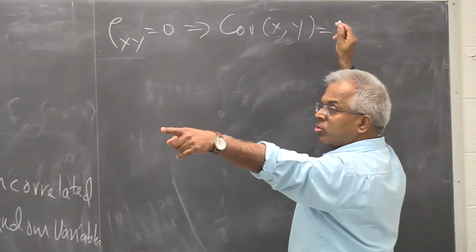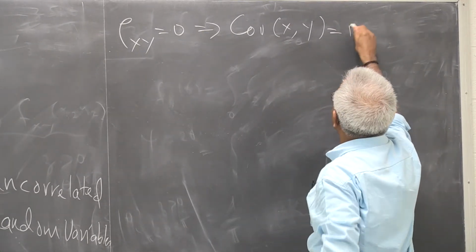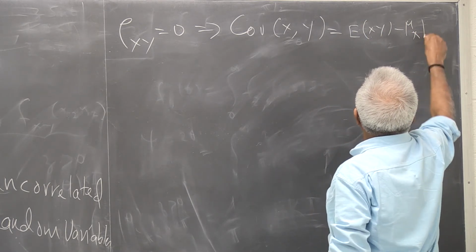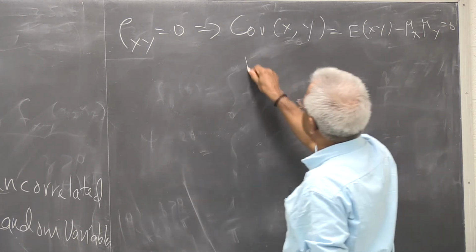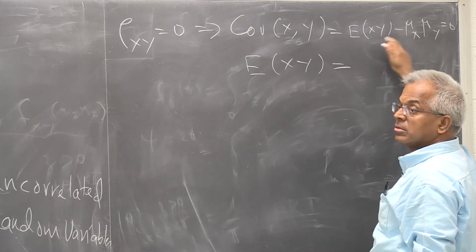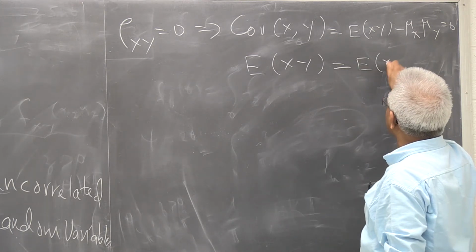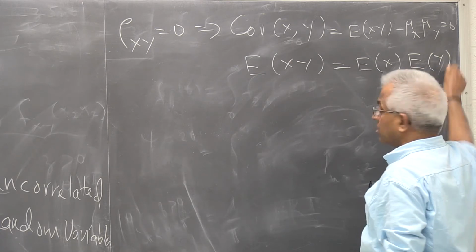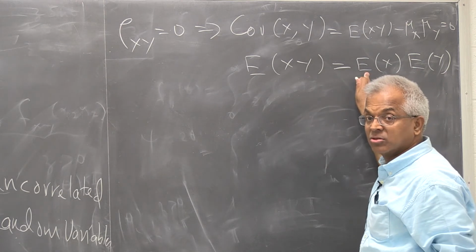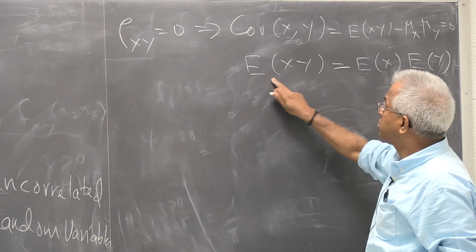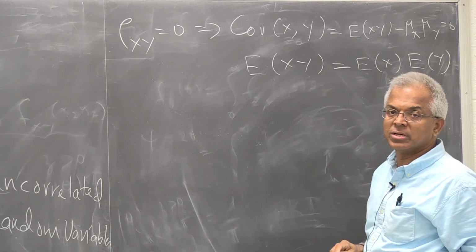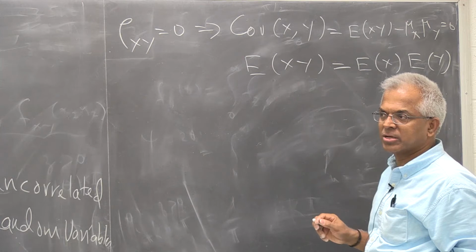What is the expression for covariance? Expected value of this is equal to 0, but that's the same as saying the expected value of xy is the same as, look at here. If two random variables are uncorrelated, it's the same as saying that the expected value of xy is the same as the expected value of x multiplied by the expected value of y.